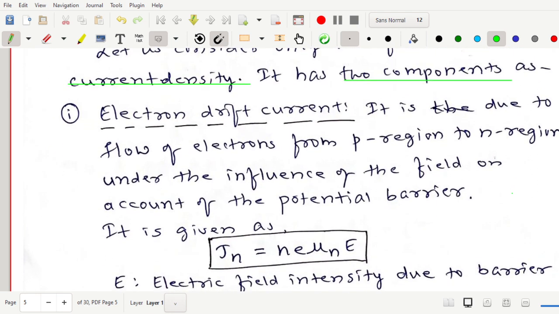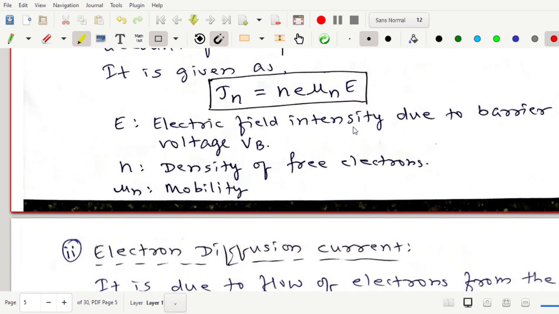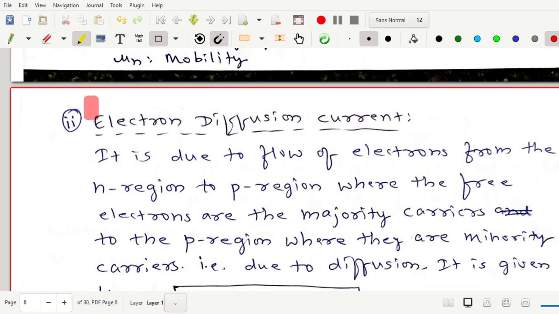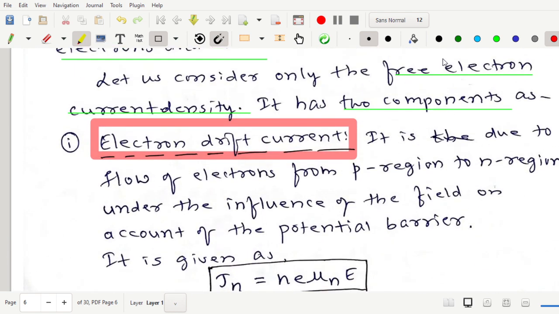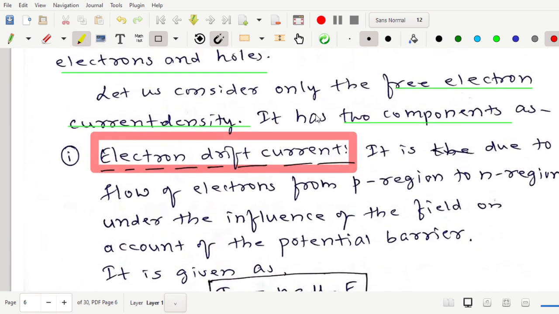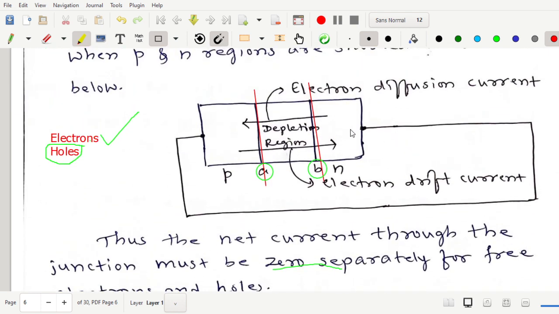One is electron drift current and the other one is electron diffusion current. These are the two components of the electron current density. In the diagram, the directions of those two components are mentioned.